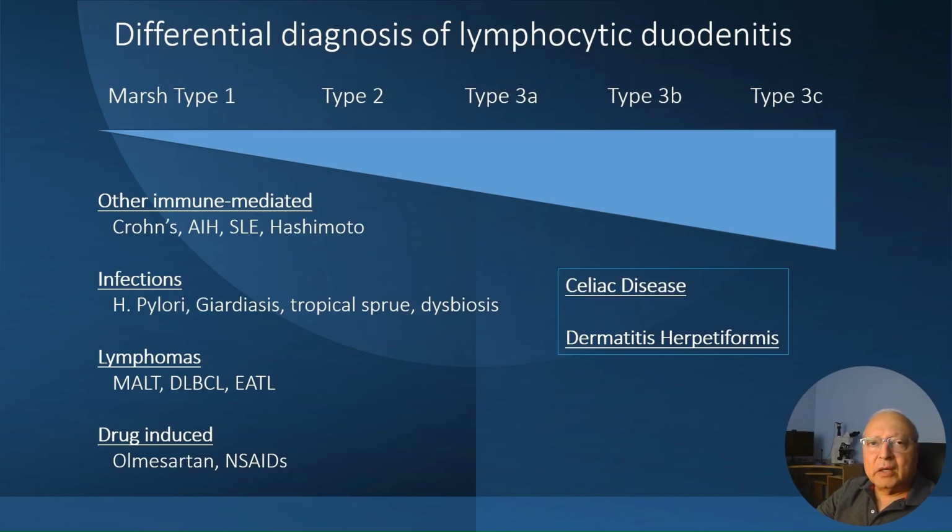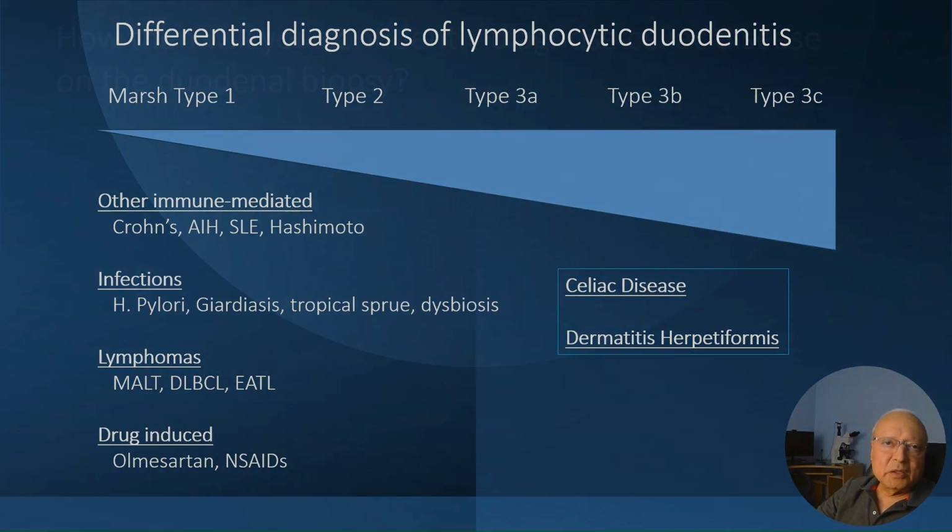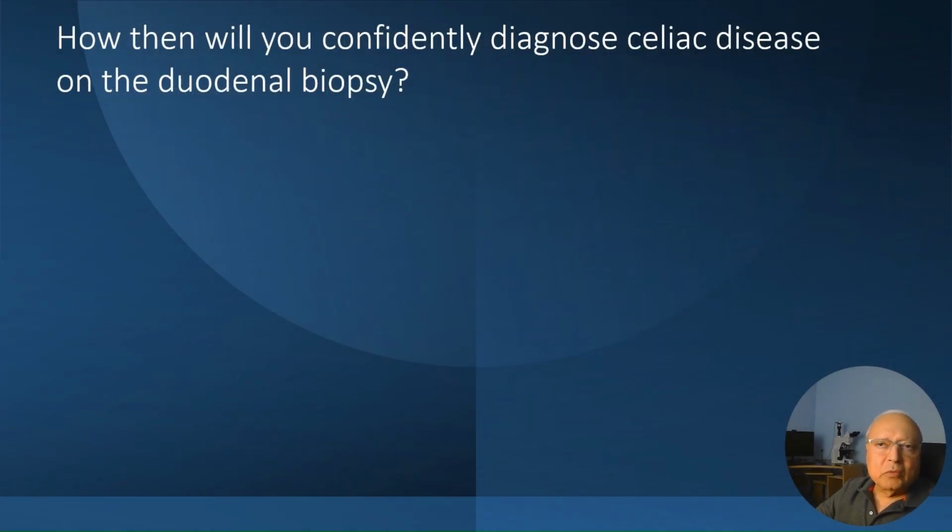And the higher the grade of Marsh, and if it is properly done in a gluten-exposed patient, it is more and more likely that it is celiac disease. And dermatitis herpetiformis, which is, after all, just a cutaneous version of celiac disease.